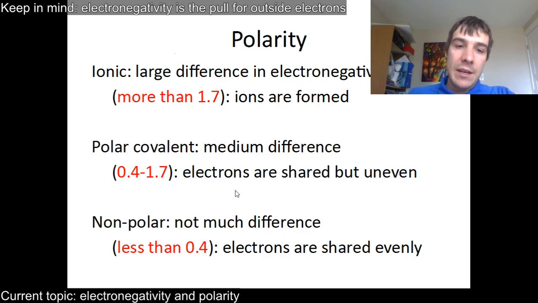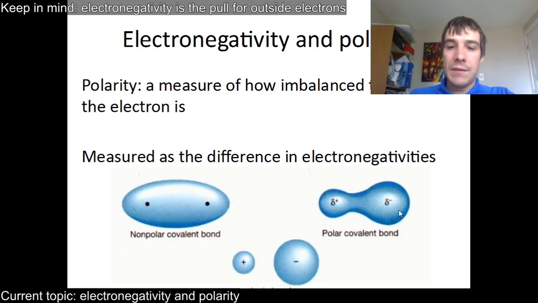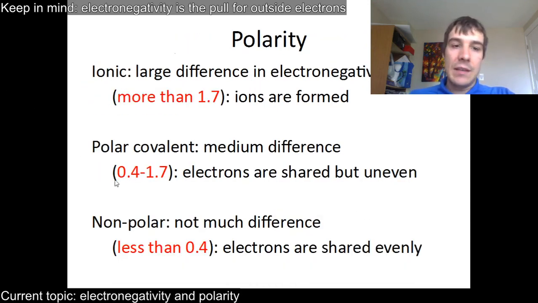Polar covalent, that's that uneven tug of war kind of setup, is a difference in electronegativity between 0.4 and 1.7. So hydrogen is about a 2.2 and chlorine is about a 3. That's a difference of about 0.8. And so that tells us that it's going to be uneven like that.